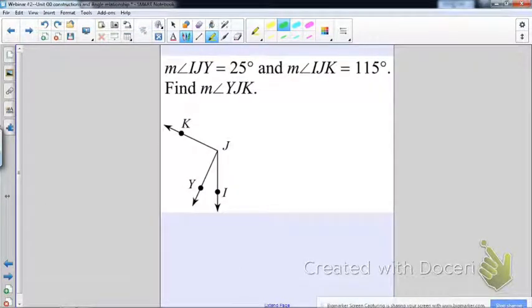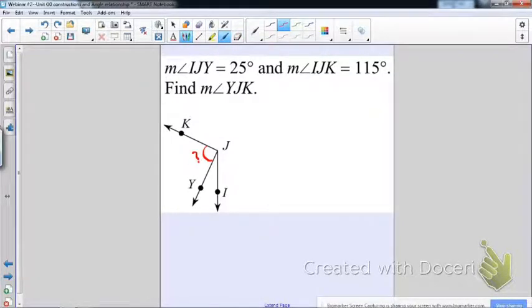The next question, this is a hard one. This is a hard one because of what it's asking. It's asking for you to find what YJK is. So you want to know what this angle is. So this little angle right here is what you want to know. We'll put a question mark there so that you can see.